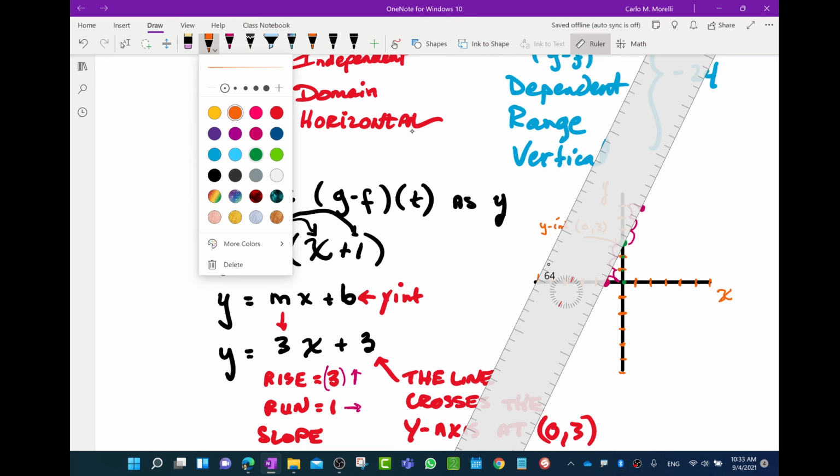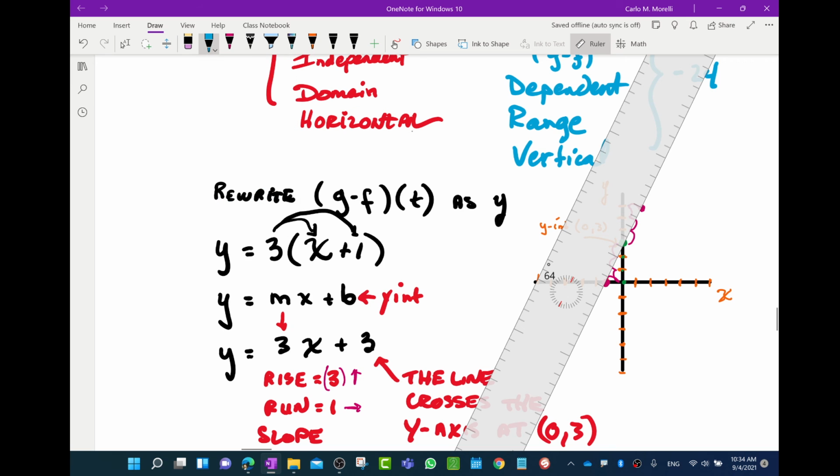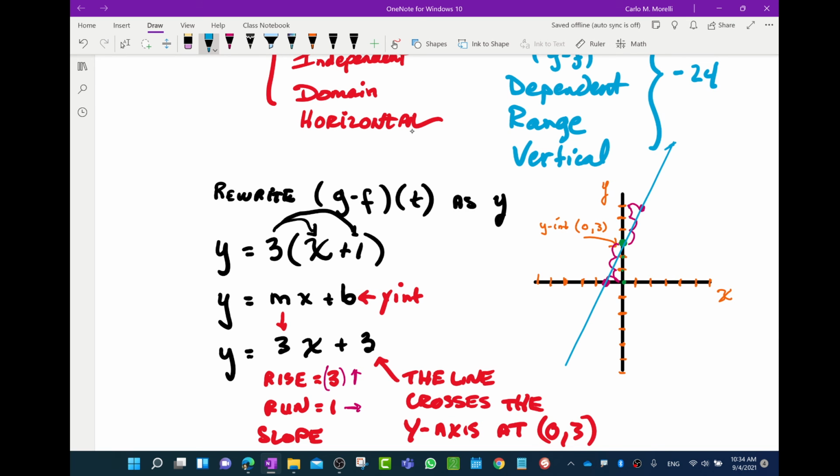Let me find a color we haven't used yet. Blue. So there's your line. Right there. That's what it would look like.